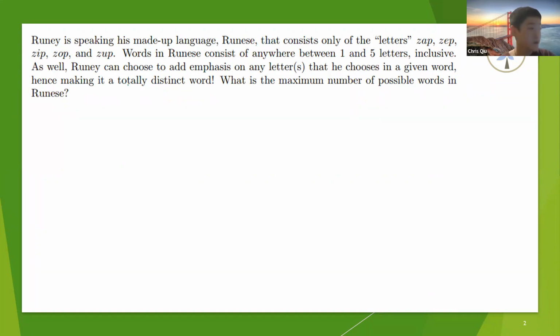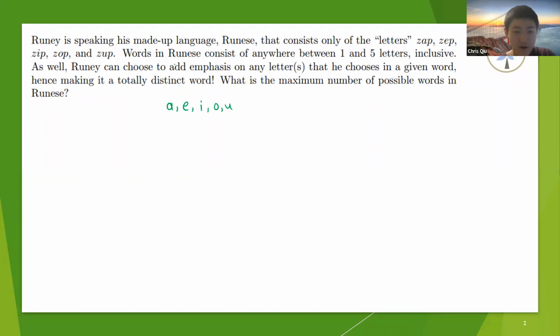So we have this person Rooney, who is speaking his made-up language, Rooney's, that consists of only the letters zap, zep, zip, zop, and zup. And first of all, we don't really need to call these things these weird names. We could just change them to A, E, I, O, U, just to keep things simple.